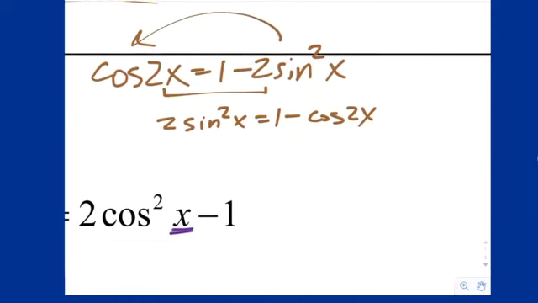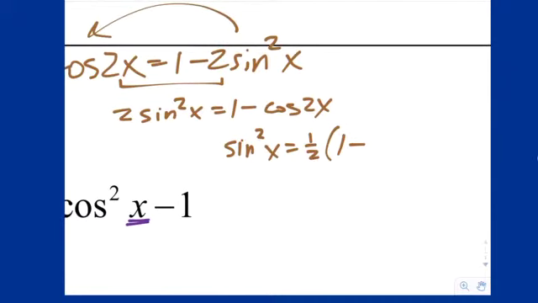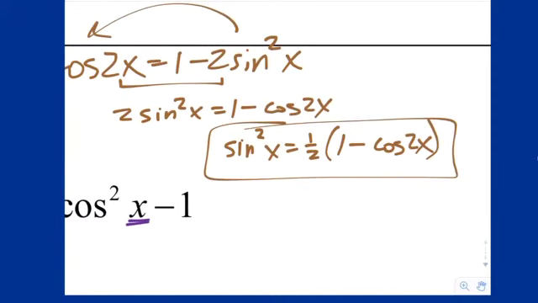And now to solve for sine squared, I'll just multiply both sides by 1/2 instead of dividing by 2. And you get sine squared of x equals 1/2 times the quantity 1 minus cosine of 2x. And this right here is the power reducing identity for sine.